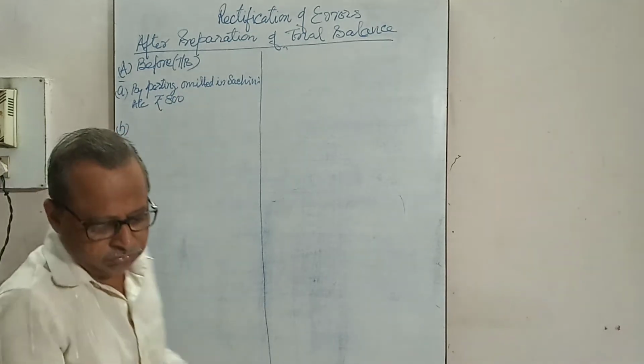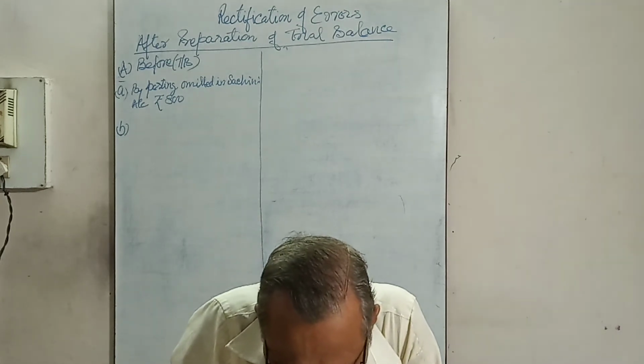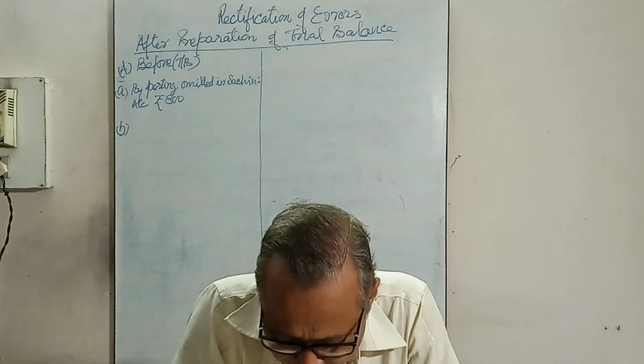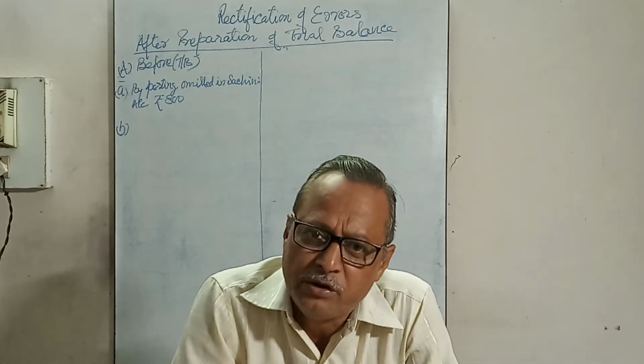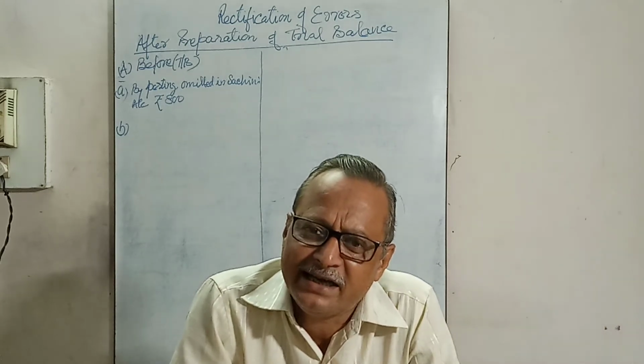B, or second: goods costing 800 purchased from Sachin on credit were credited to his account with rupees 80, meaning less amount posted on the credit side.